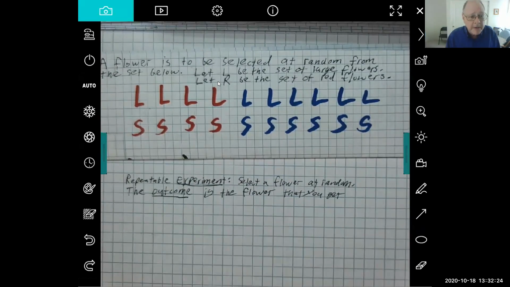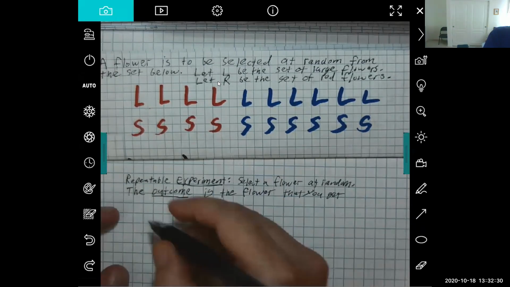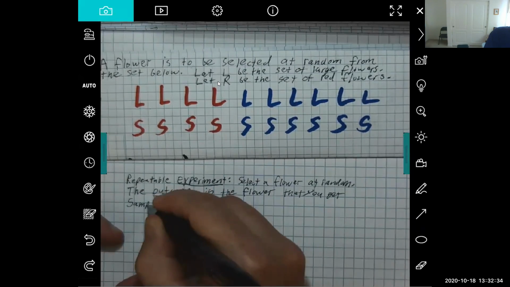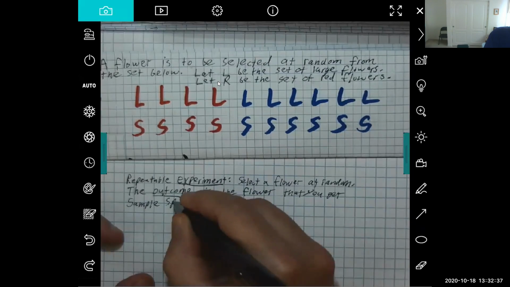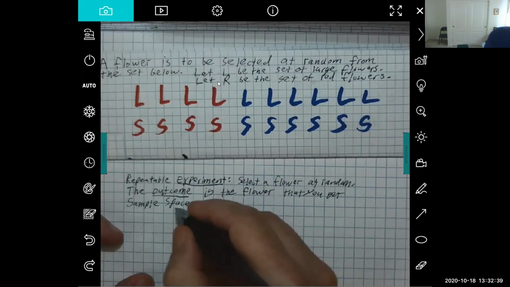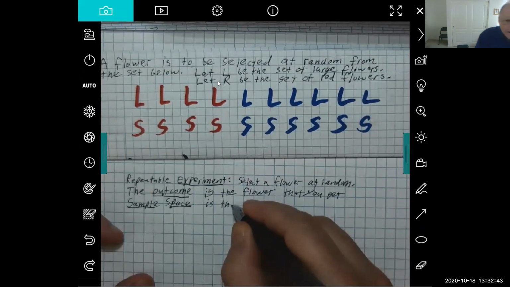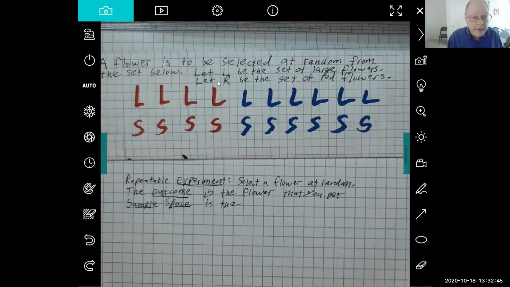So we have an experiment. We know what sorts of outcomes are possible. The sample space. That's the set of all the possible outcomes. In other words, it's the set of all the flowers in the field.